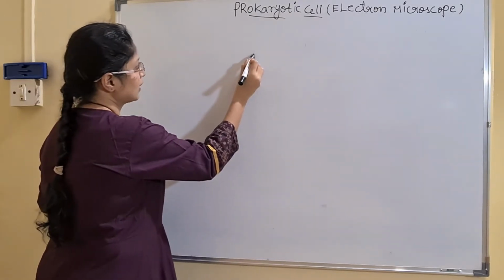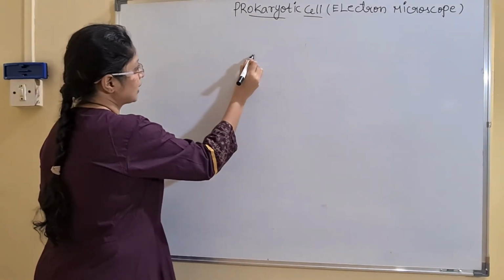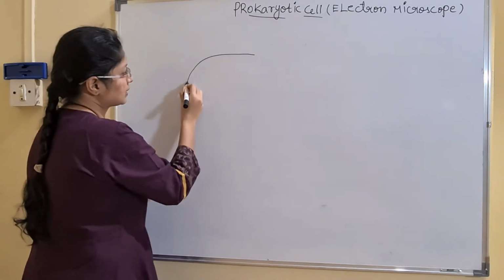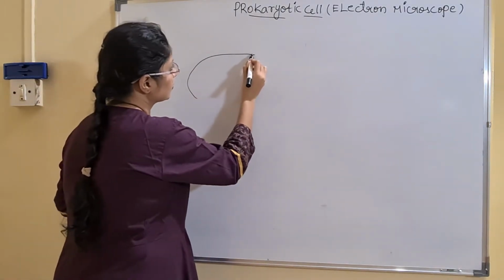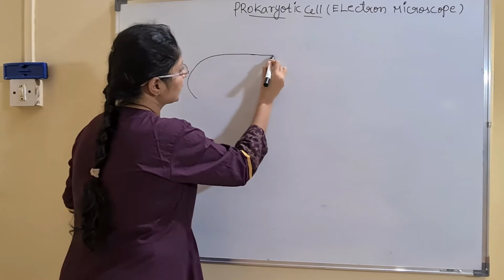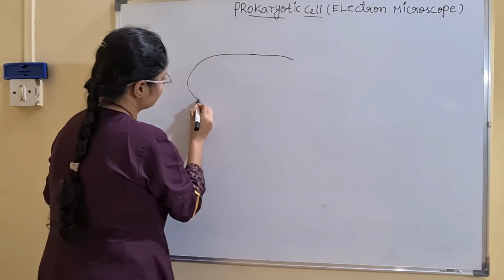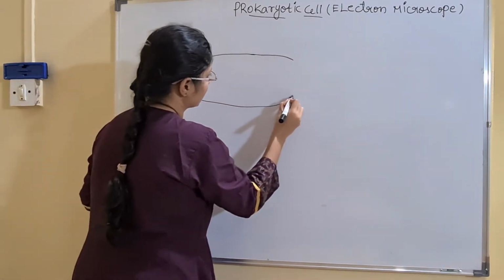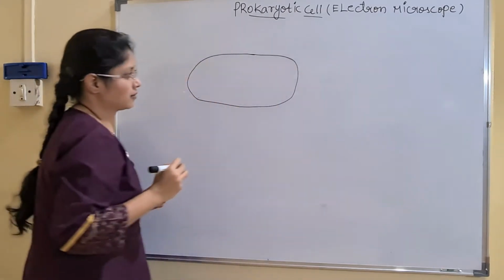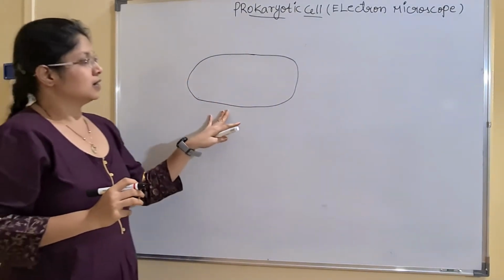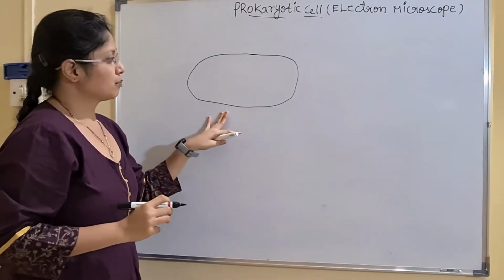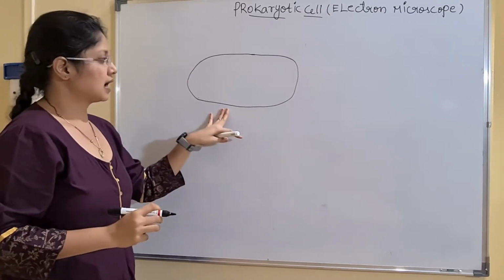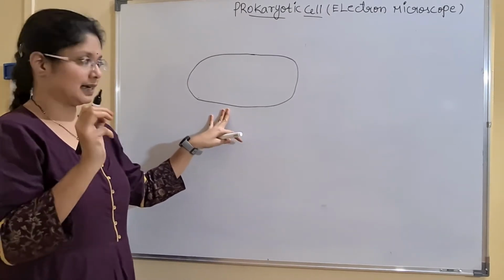How is the prokaryotic cell, children? Prokaryotic cell is nothing but the bacteria. We are drawing here. We'll try to make a nice one. Okay, not bad. So if you see the prokaryotic cell, I am starting with the outermost layer.